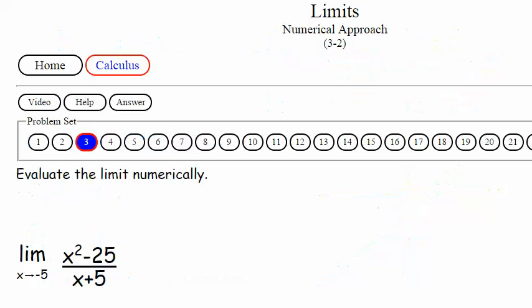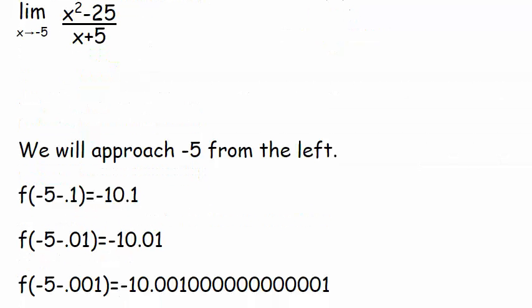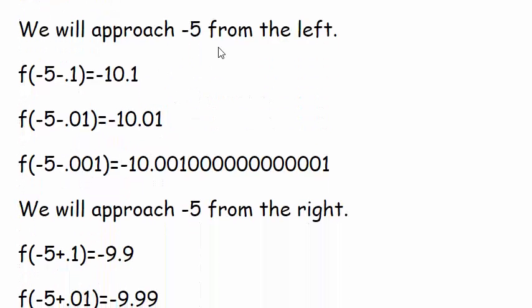Now let's go over to the web page here and hit the help button. Approaching negative 5 from the left hand side, as you can see here, we get negative 10.1, negative 10.01, and negative 10.001. So we can get an idea that this is probably approaching negative 10.